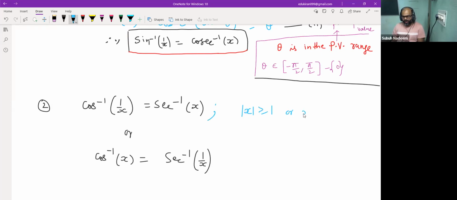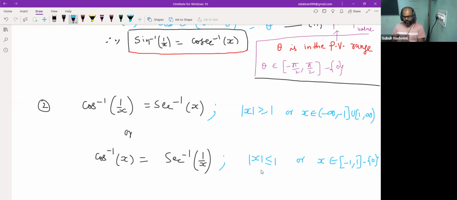That means x belongs to minus infinity comma minus 1 union 1 comma infinity. And if we are applying this, that is, cos inverse has an input x, that means that value should be less than or equal to 1. That is x belonging to minus 1 comma 1, except 0, of course, because we want 1 by x to be defined also.